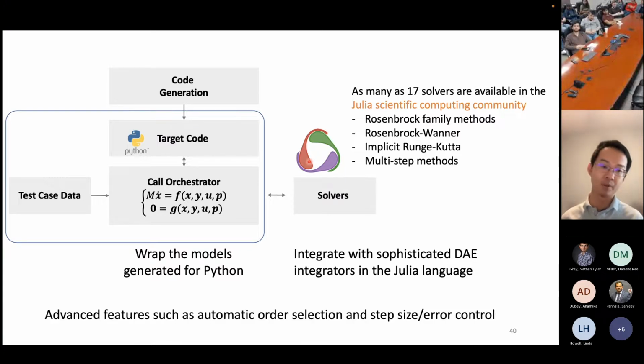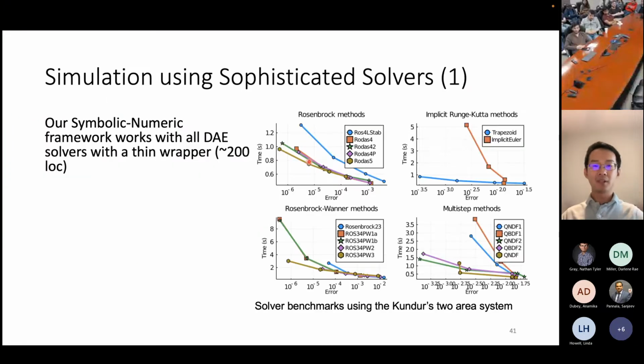If that's possible, then we will have access to advanced features such as automatic order selection and step size or error control. So I did that programming. Our symbolic-numeric framework, as we discussed, works with all the DAE solvers in Julia, and all I needed to implement is a thin wrapper, which is around 200 lines of code.